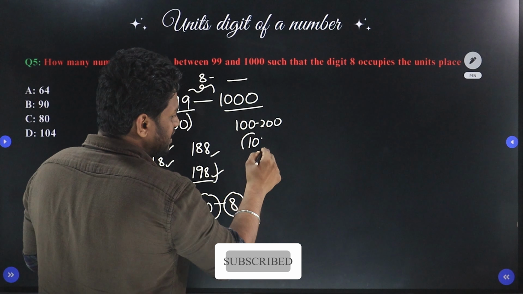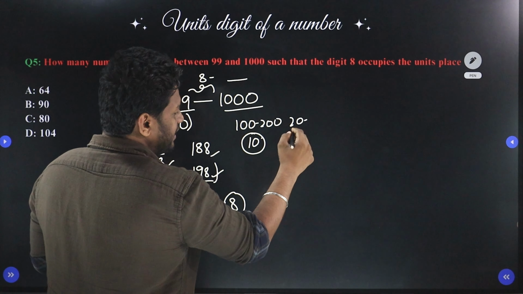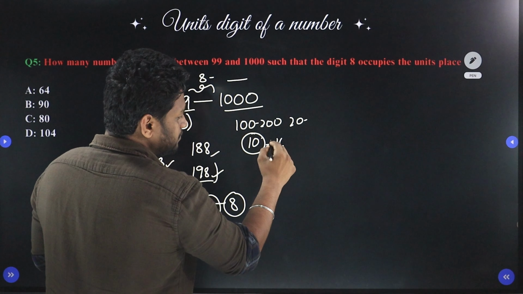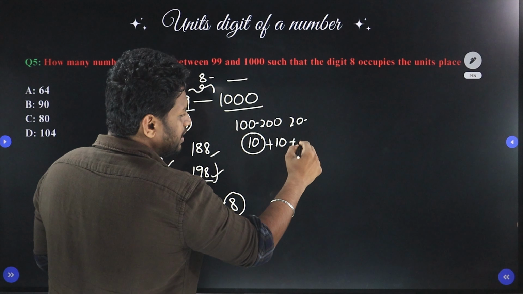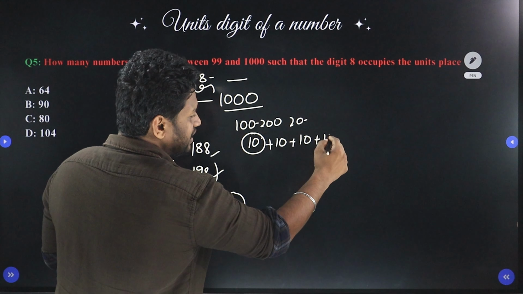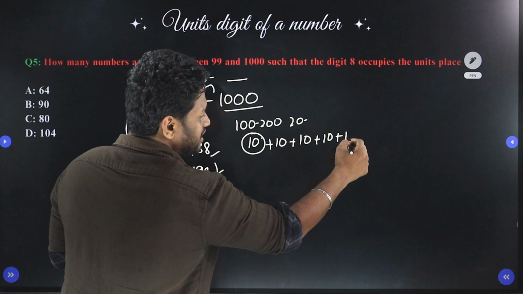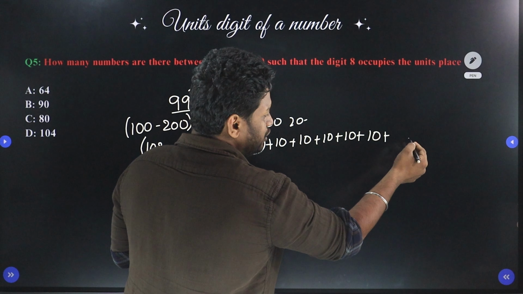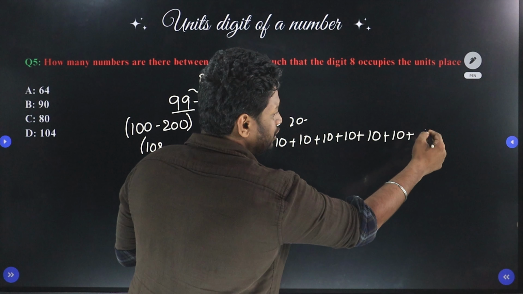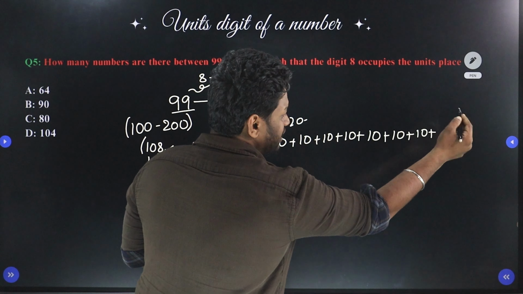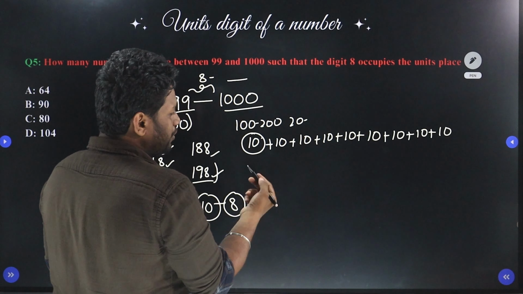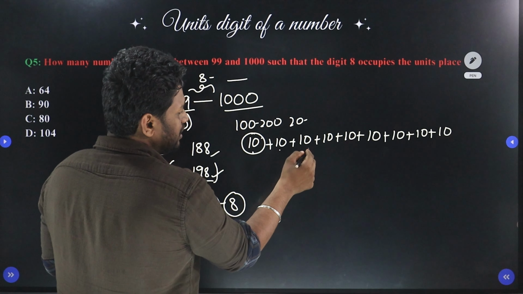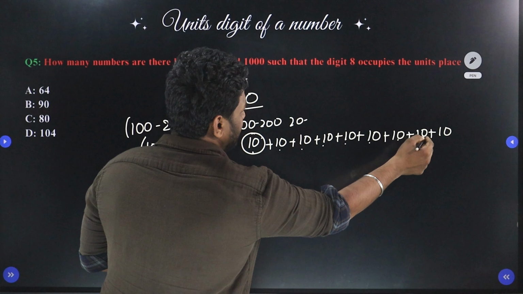In the same way, if I consider 200 to 300, it will again be 10, right? Yes. 300 to 400, 10, 400 to 500, 10, 500 to 600, 10, 600 to 700, 10, 700 to 800, 10, 800 to 900, 10, 900 to 1000 also, 10. Now if you count, 1, 2, 3, 4, 5, 6, 7, 8, 9.